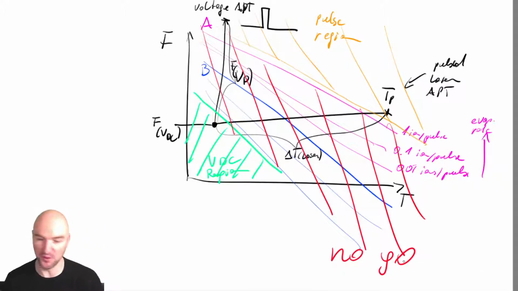What we don't want to do is be in this no-go region. We want to go from the VDC region into the pulse region, and not go into the no-go region.